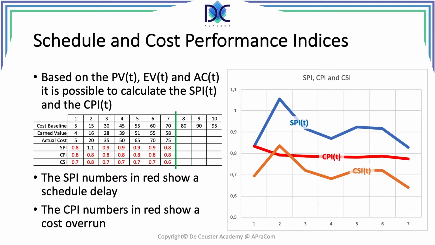Those parameters are presented in the graph, and we see the SPI in blue, how it evolves over time, the CPI in red, and the CSI in orange. From this, you can use the parameters to calculate the estimates at completion. Like before, you can stop the presentation, do those calculations in Excel, and then start with the presentation again.